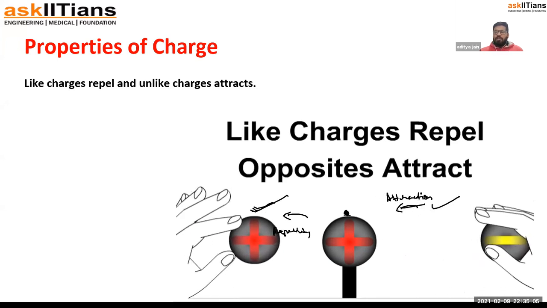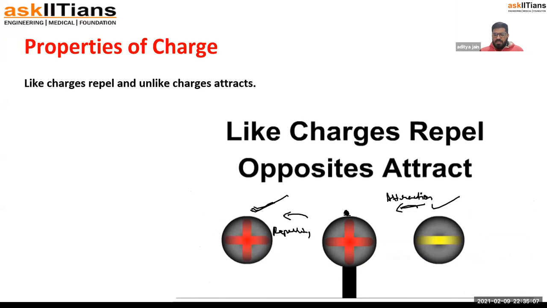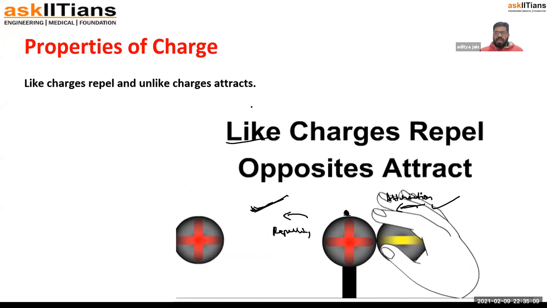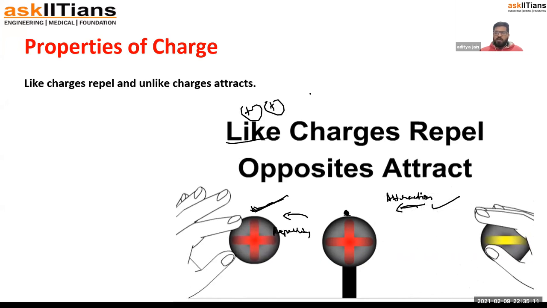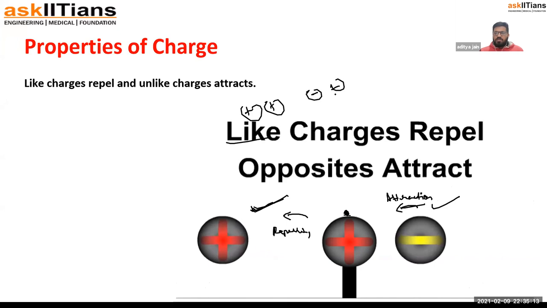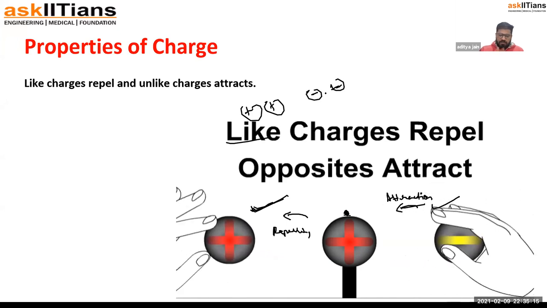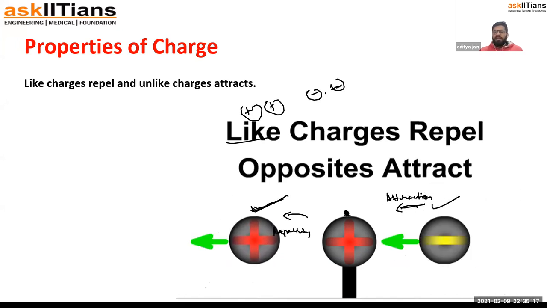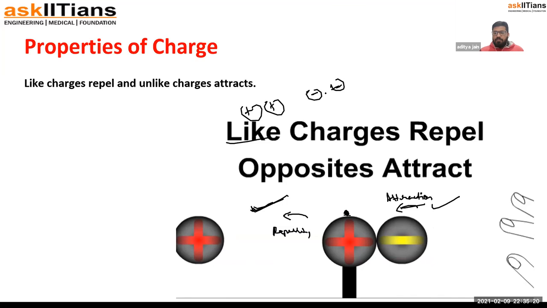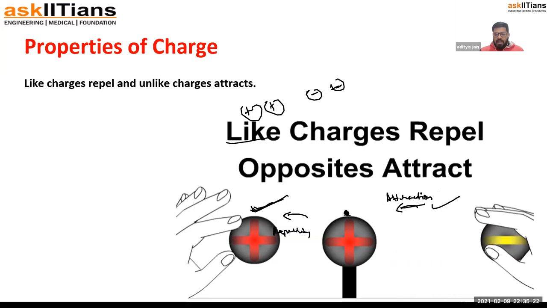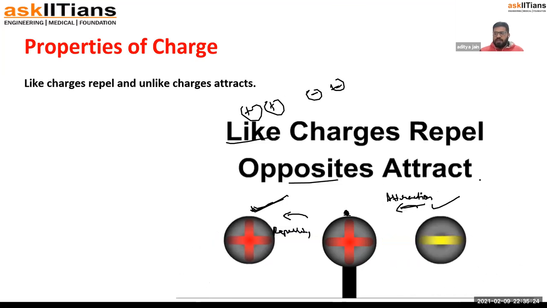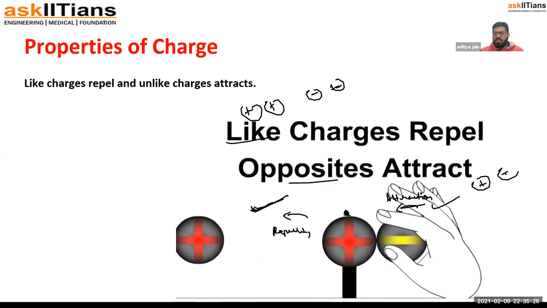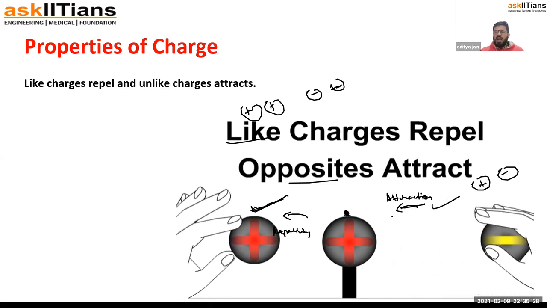So can I say the property will go like this? Like charges, meaning same charges, positive-positive or negative-negative, will repel each other. And opposite charges, like positive and negative, will attract each other.